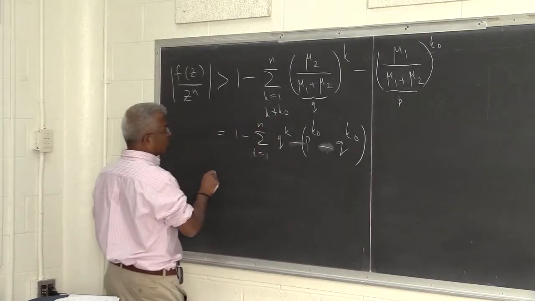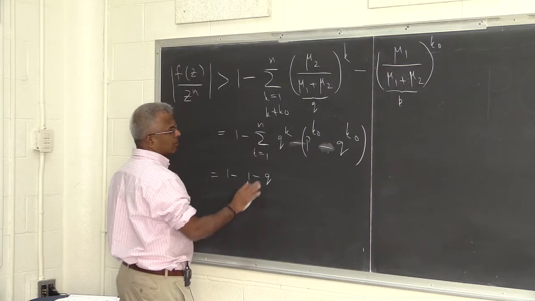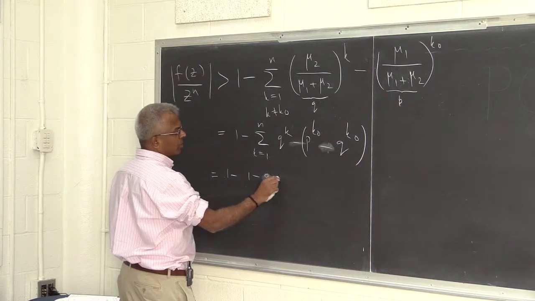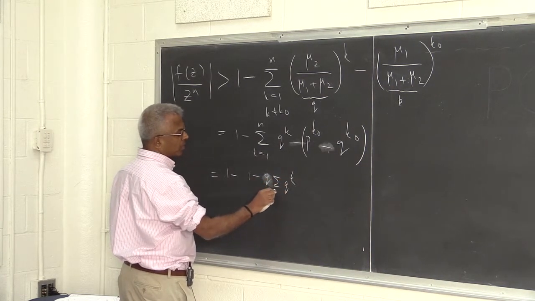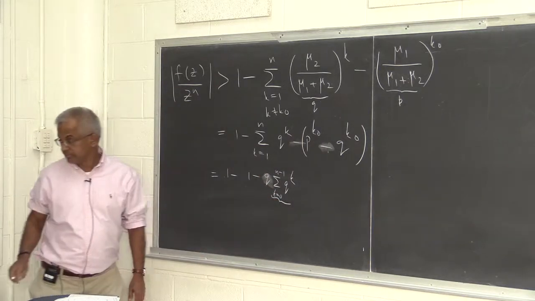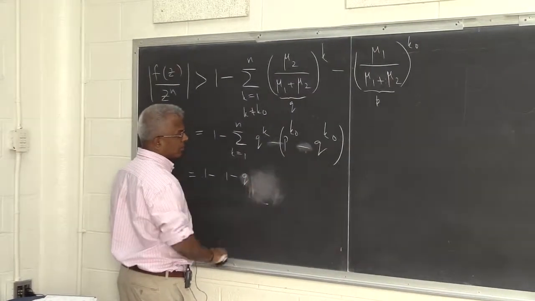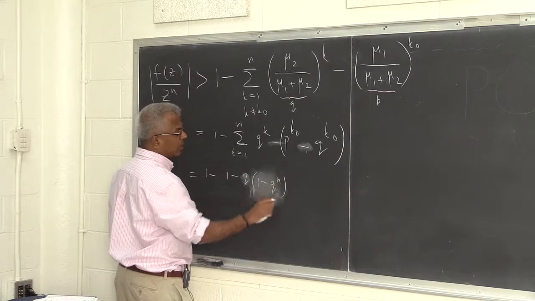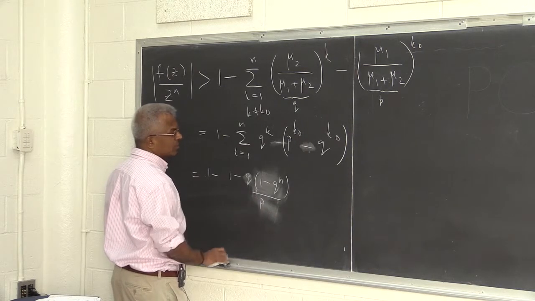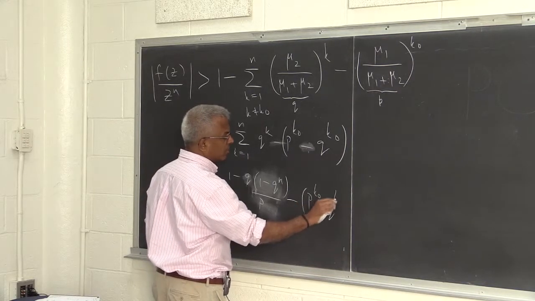So this, of course, I can sum as 1 minus 1 over q times the summation of q to the power k, where k goes from 0 through n minus 1, so that's going to be 1 minus q to the power n over 1 minus q. But 1 minus q is p, so this is this, minus p^k0 minus q^k0.